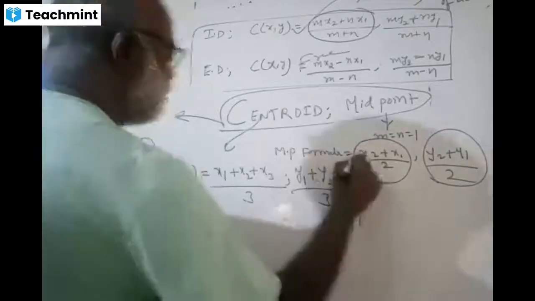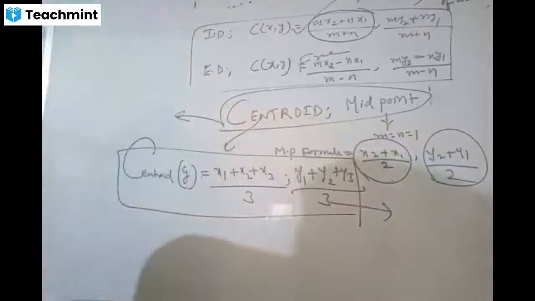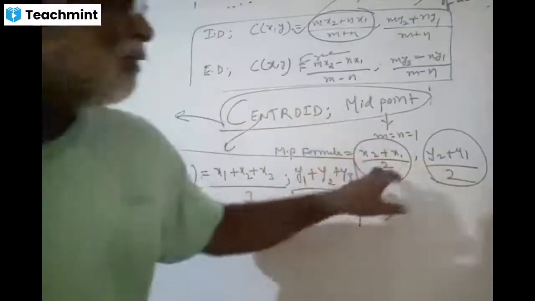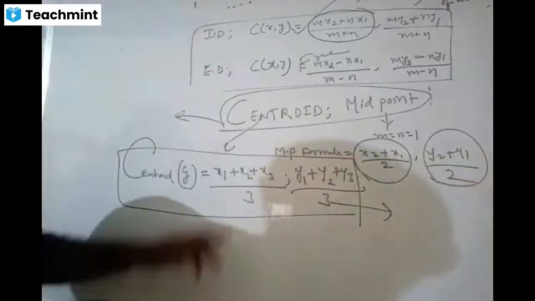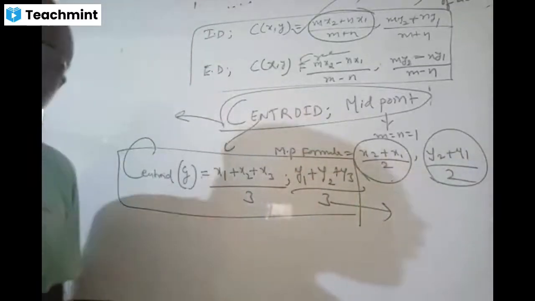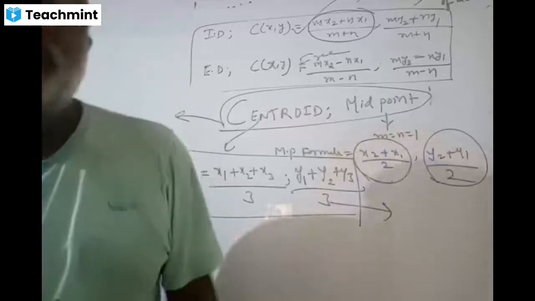Can anybody tell why the 3 is coming? Can you tell me why 3? You want 1 plus 1 is 2. Because there are 3 sides in triangles. No, sir.